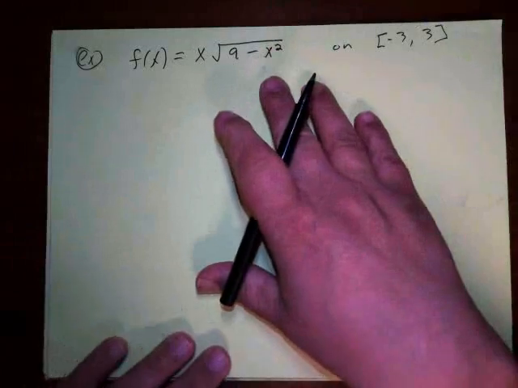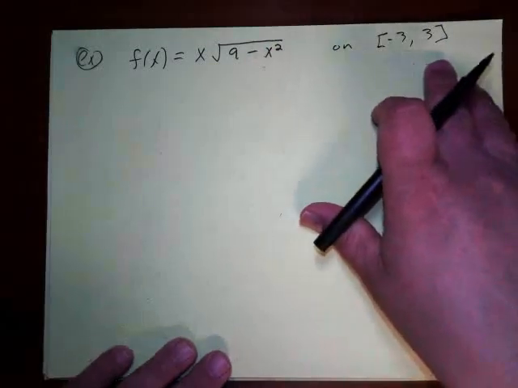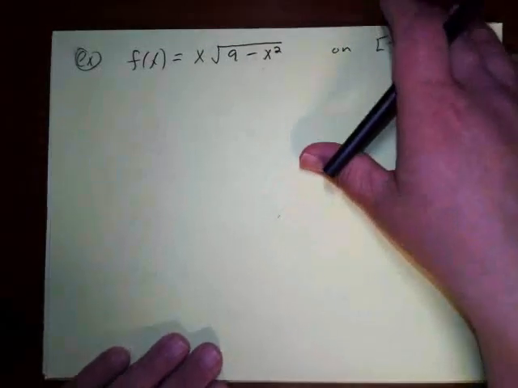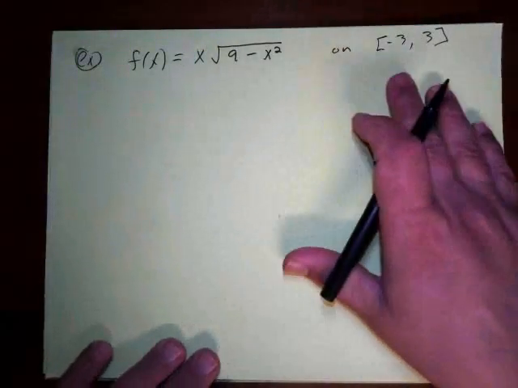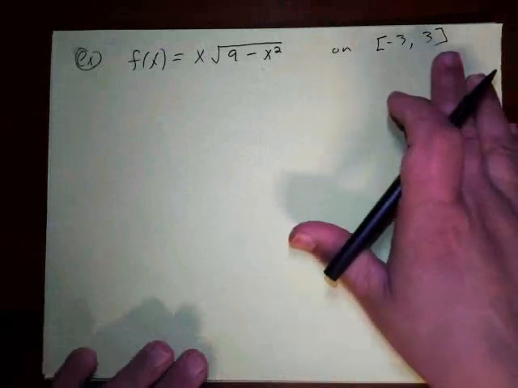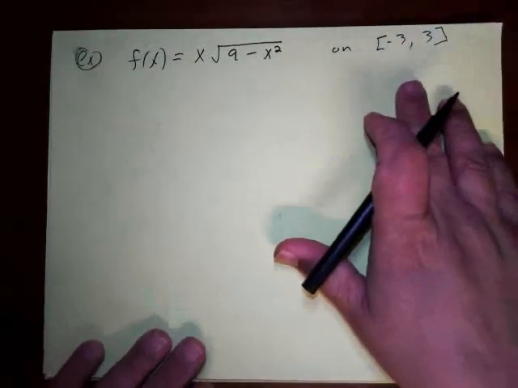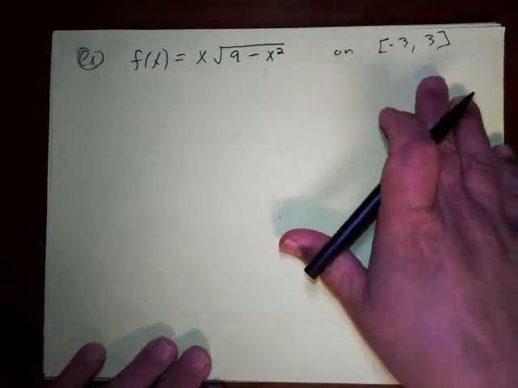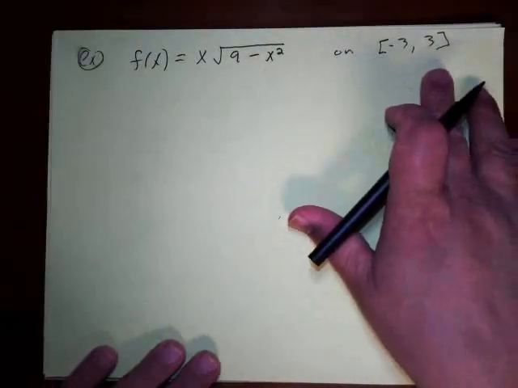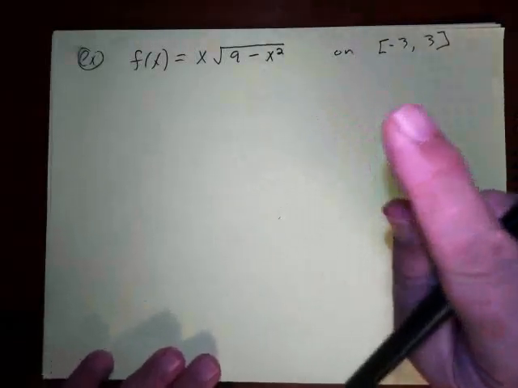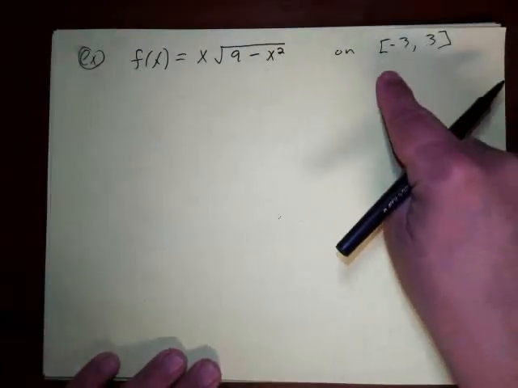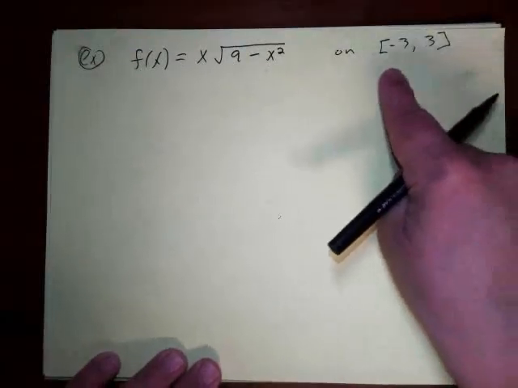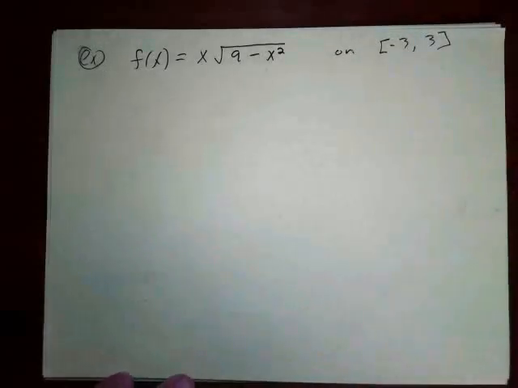This function is continuous on the closed interval and differentiable on the open interval. Since it is continuous on the closed interval, it will obtain a min or a max on this closed interval, and it'll either be at a critical point or at the endpoints of this interval.